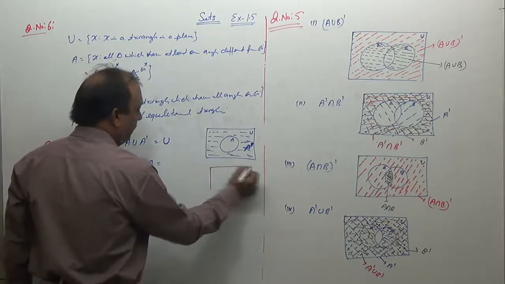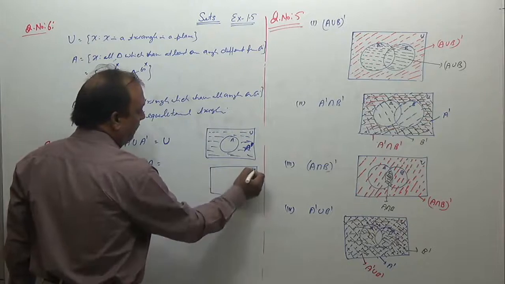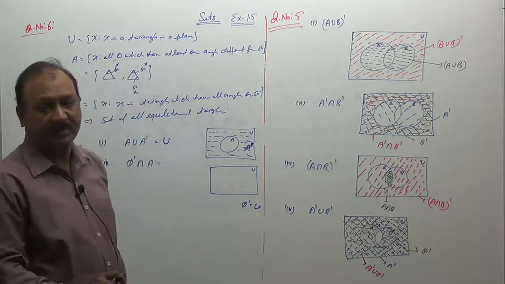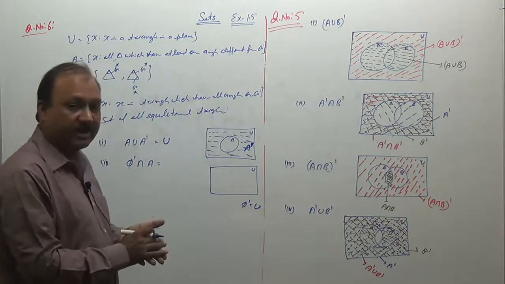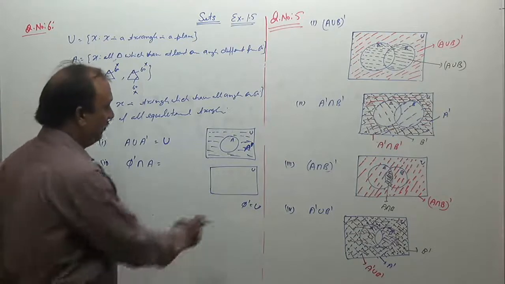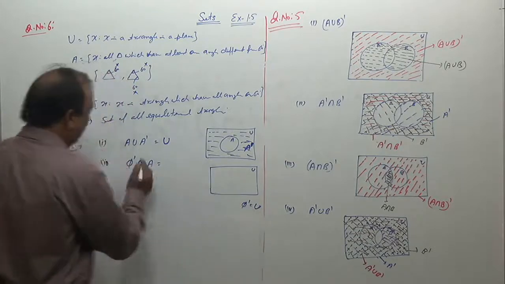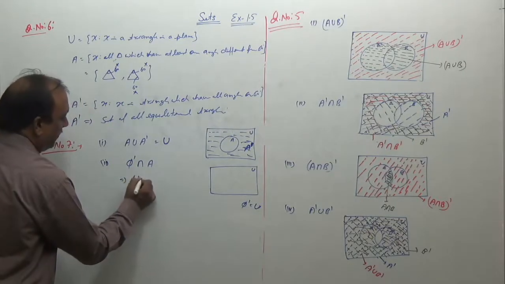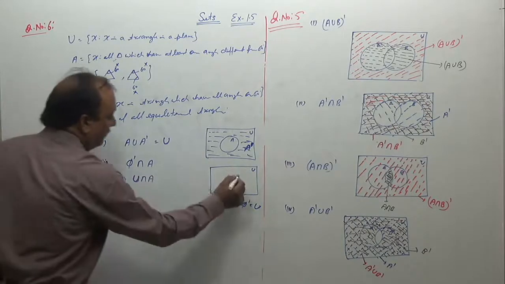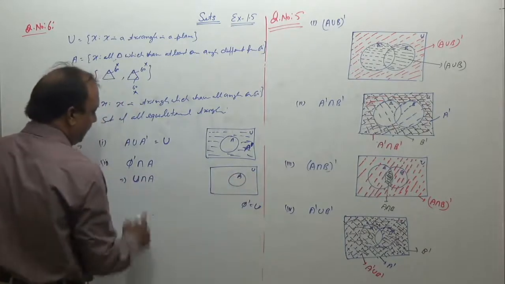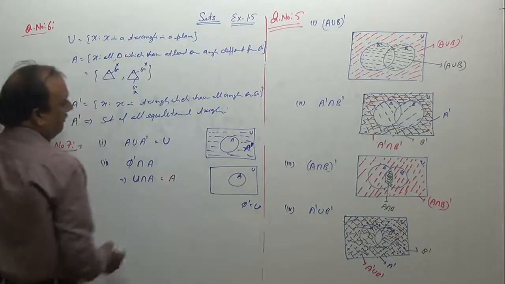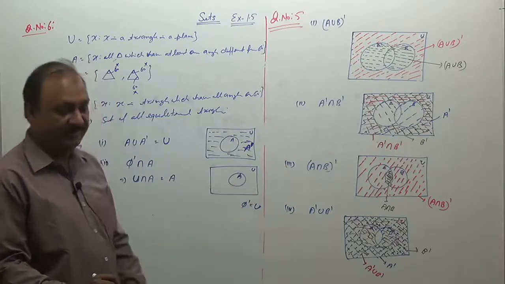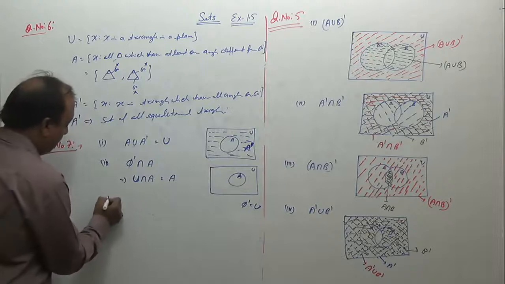Phi means the null set, which does not have any element. Its converse is a set which contains all elements, that is the universal set. So phi complement is the universal set, intersection A. This one is the universal set, and what is common between them? The common part between A and the universal set is the set A. So the answer is A.